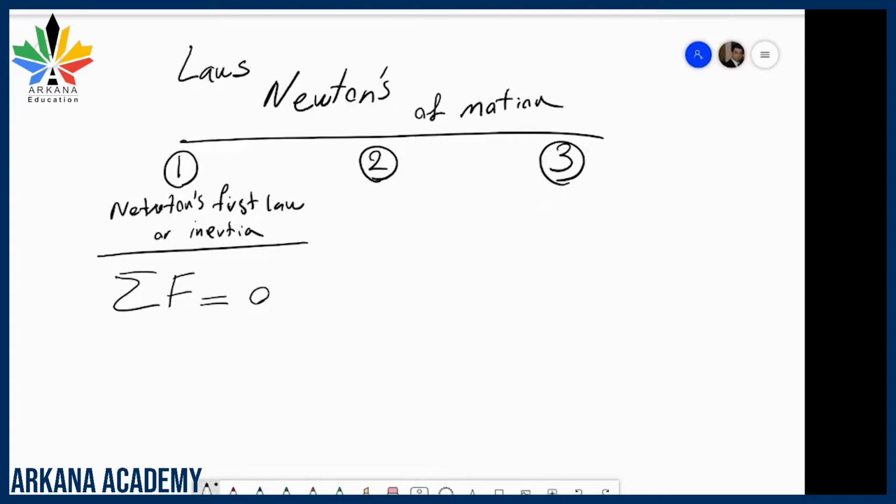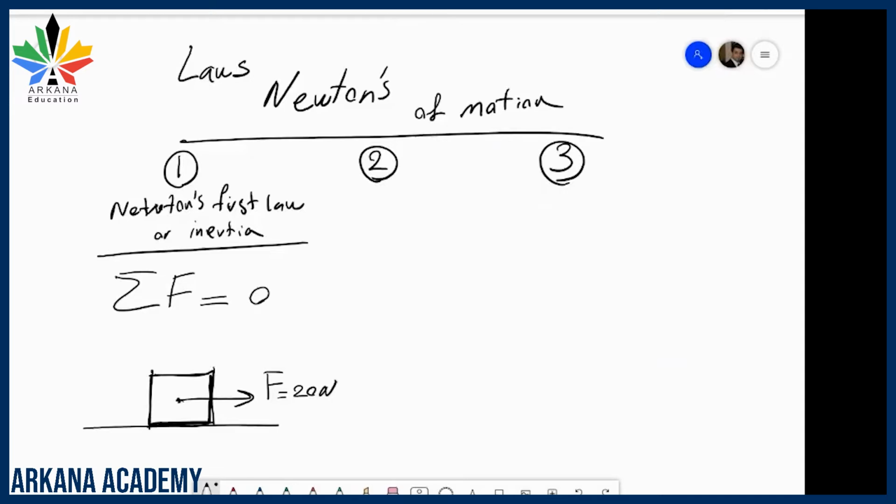Another example could be, again, another object on the floor, and this time you're applying a force of 20 newtons to this box. Let's say you are pulling this box towards the right side, and the box is not moving. The box is very heavy and it's not moving.